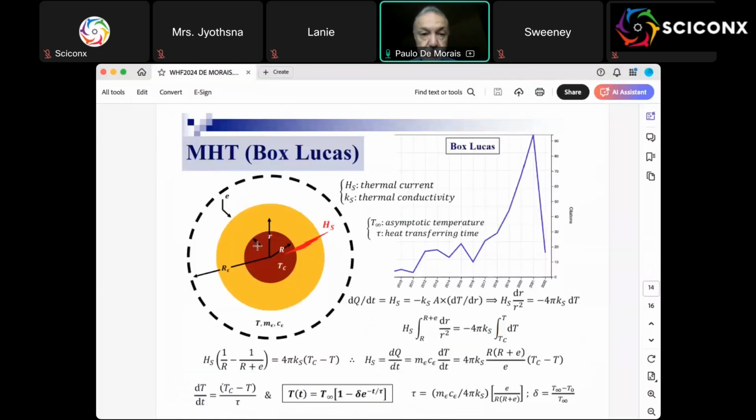Okay, so let me make a comment about the Box-Lucas model. The Box-Lucas model has been used for over a decade as a phenomenological expression, but you can extract this expression from first principles.